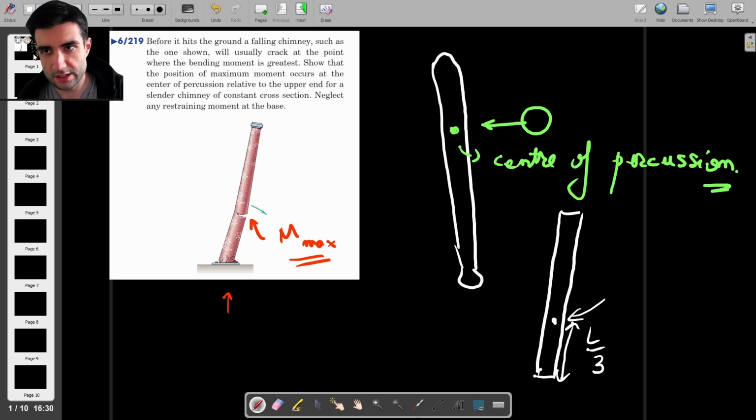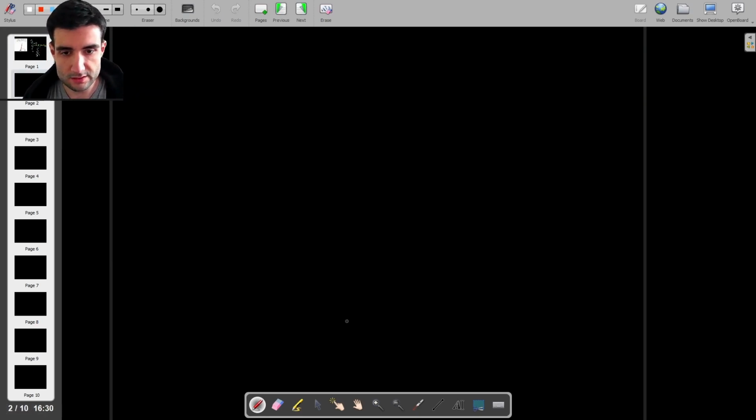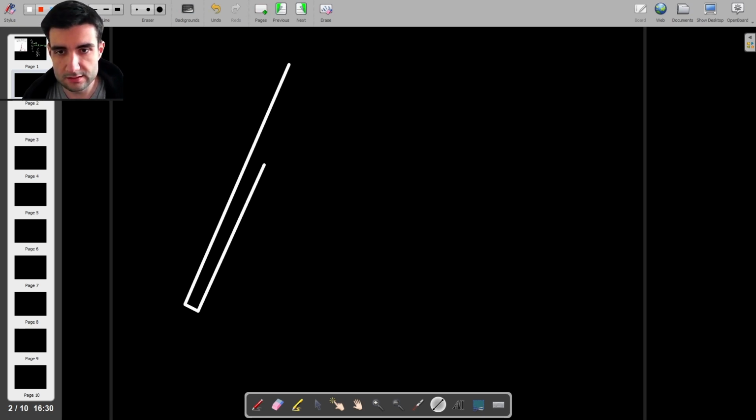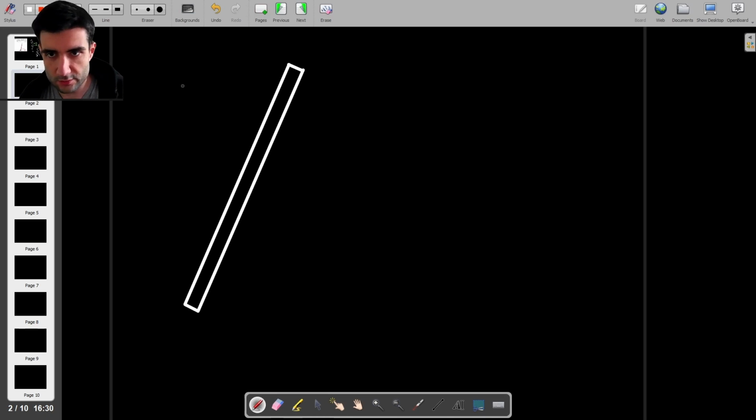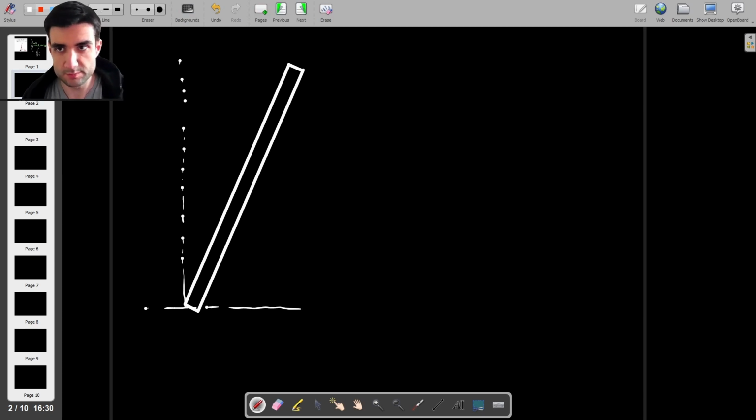So here's how I will go about doing this. First of all, I'm going to model the chimney as a slender bar at a certain angle. So we're going to say that this chimney started falling when it was in a vertical position, and now it's in this tilted position, right?